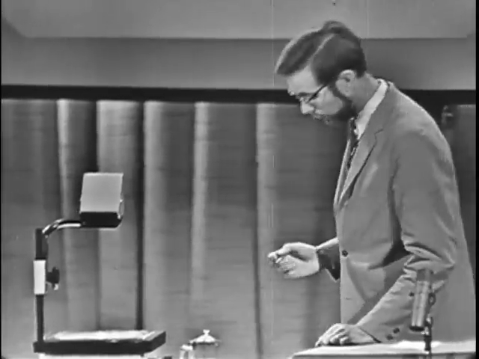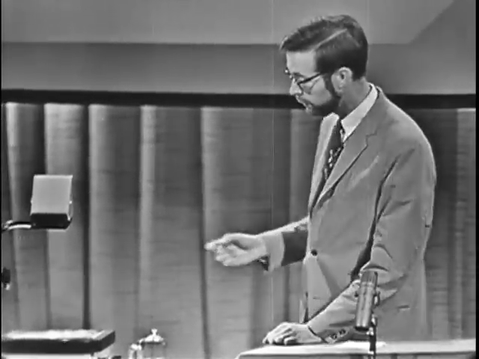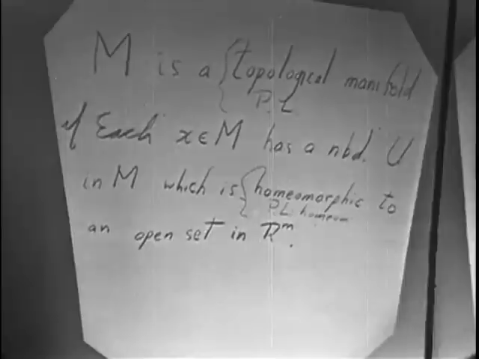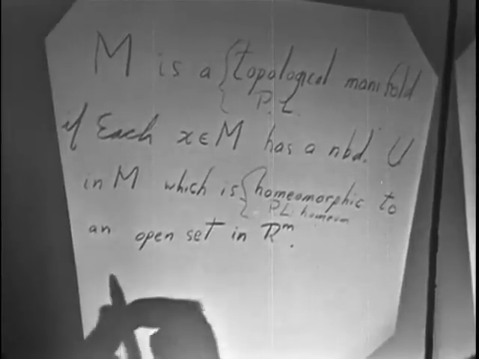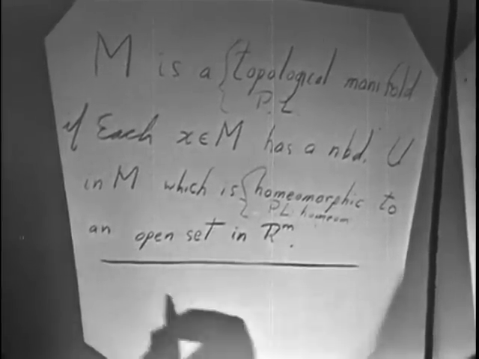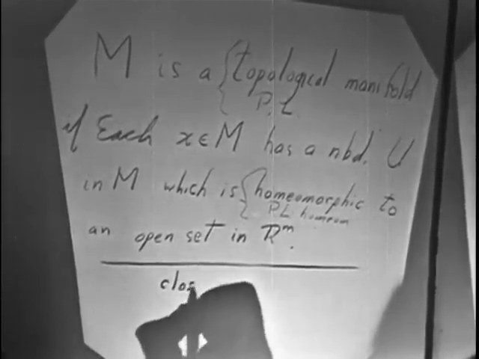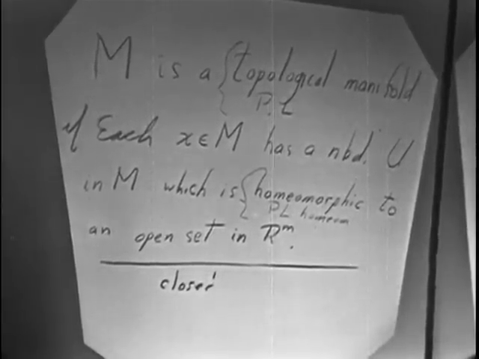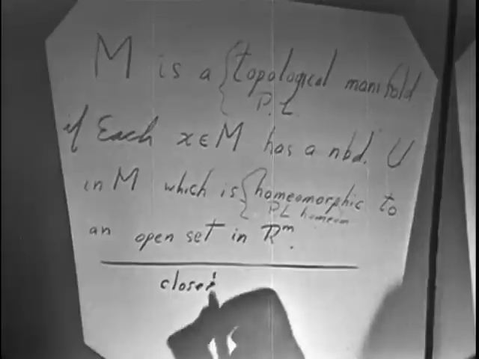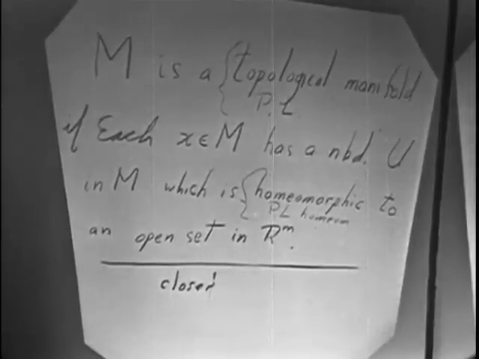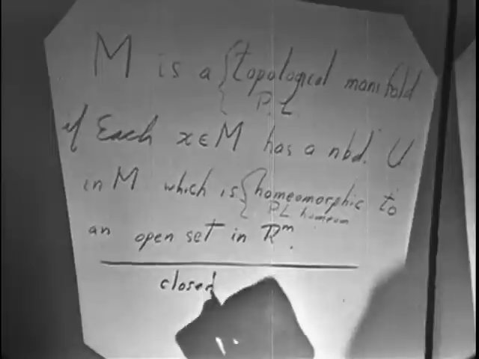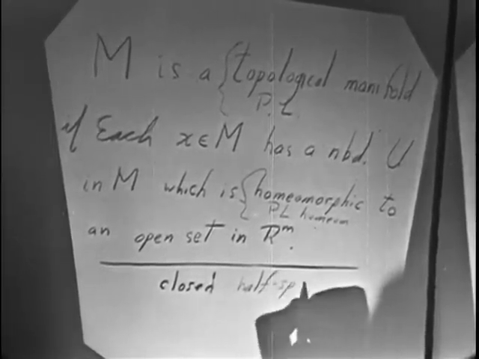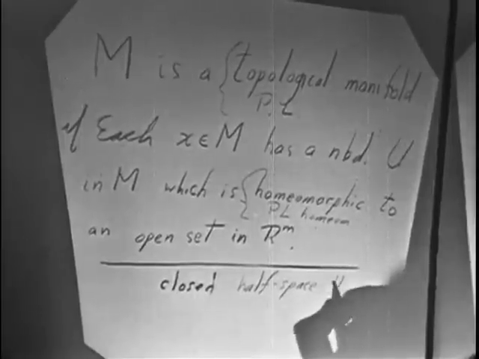For this concept, everything is the same, except that in addition to taking Euclidean space as our standard model, we add a new standard model, namely the closed half space HM.